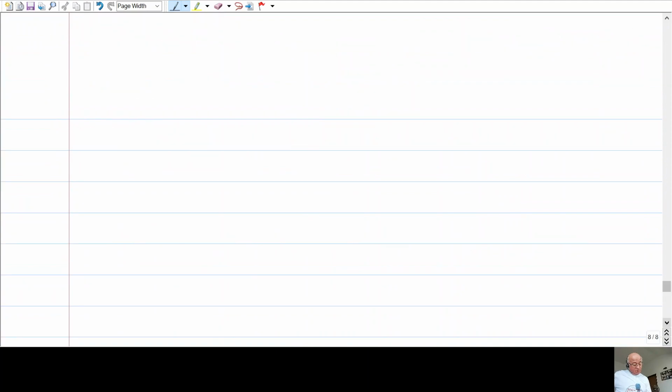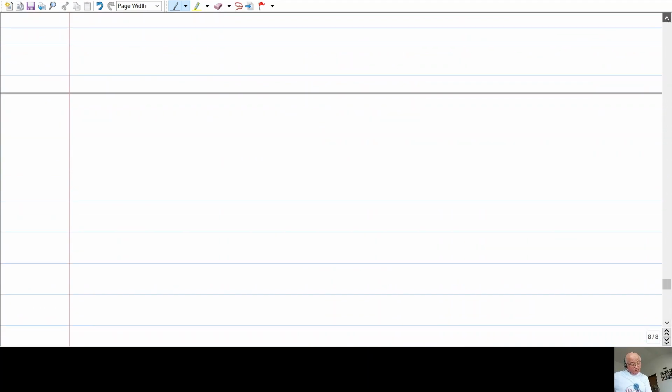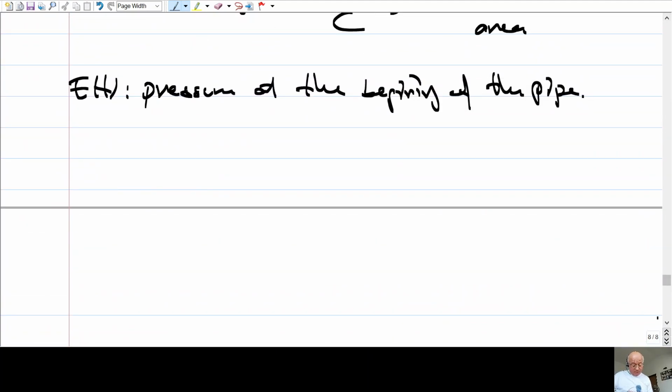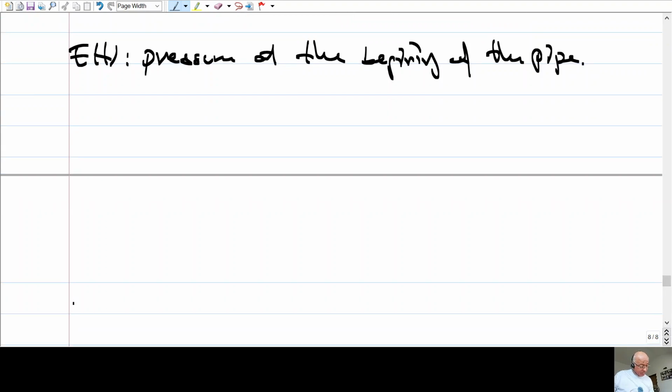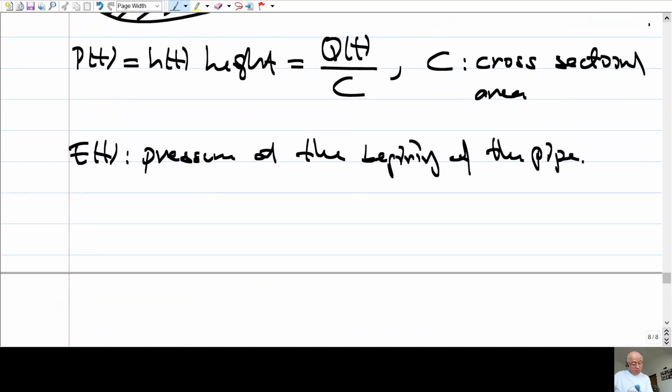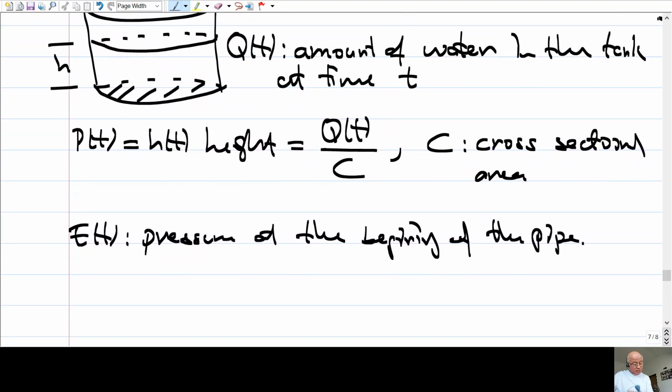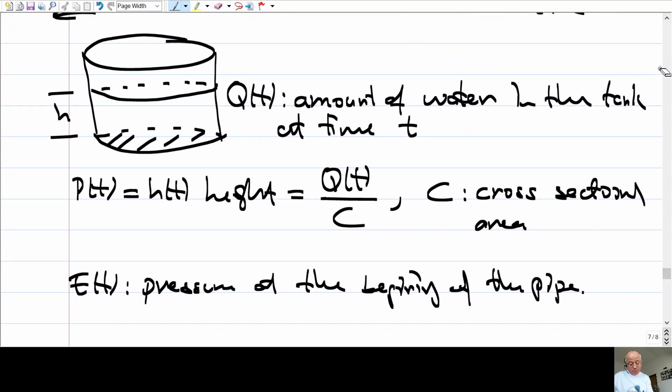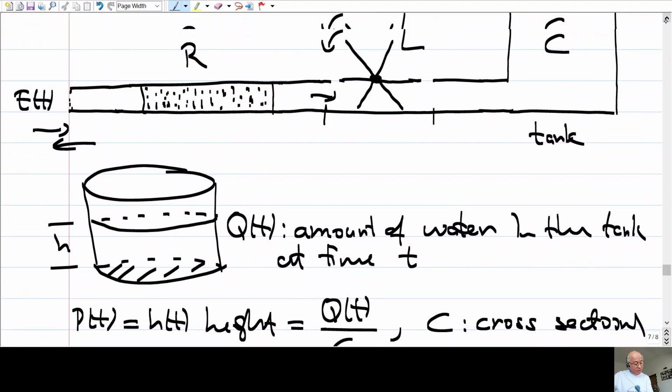And what will happen again? We will have the same kind of stuff. This pressure here will be the pressure differences at the end of each circuit element.